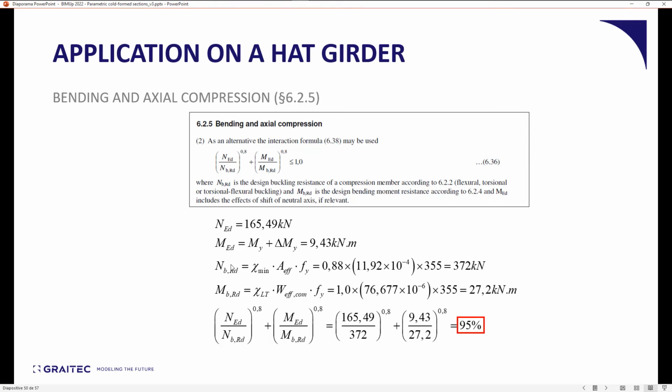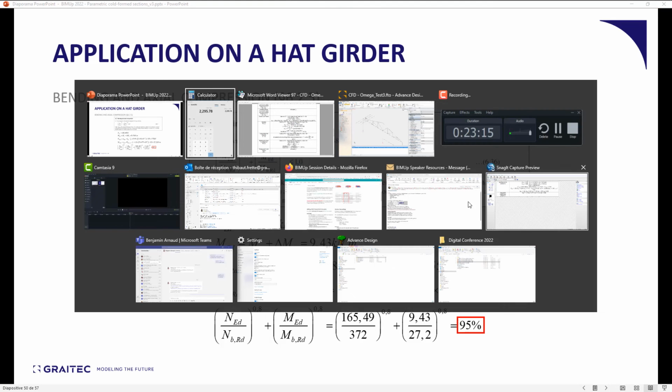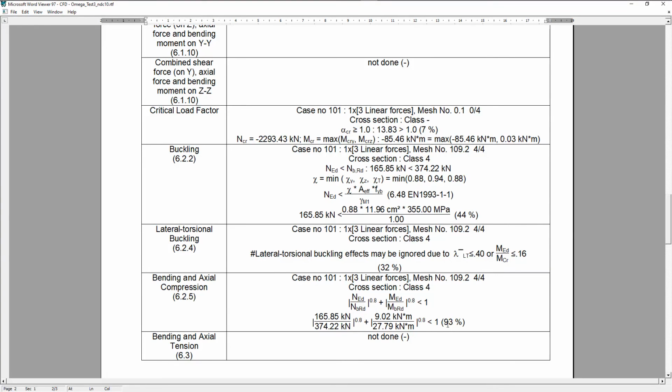We've got the axial compression resistance with the buckling factor, the effective cross-sectional area, and the yield strength, and we've got the bending moment resistance with the lateral torsional buckling factor, which is 1 because the effects are neglected, and that gives us the design work ratio of 95%, which is in line with the 93% I got from Advanced Design, because Advanced Design is actually more accurate than my hand calculation.